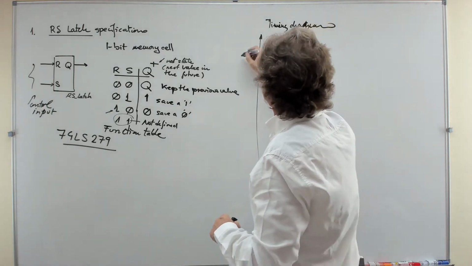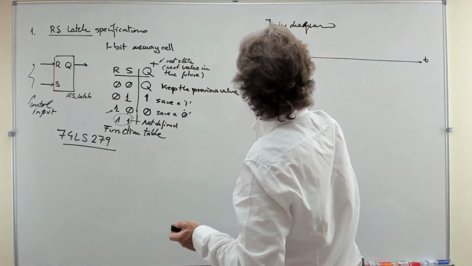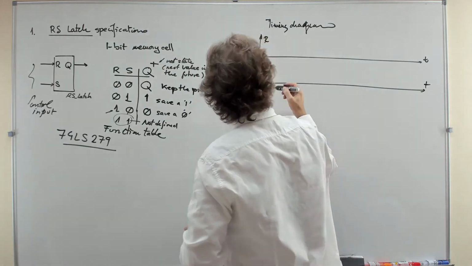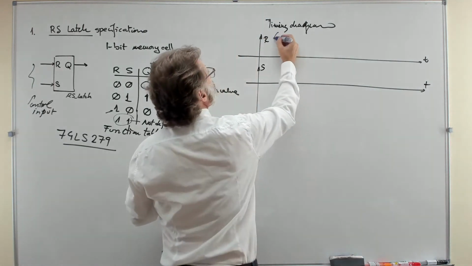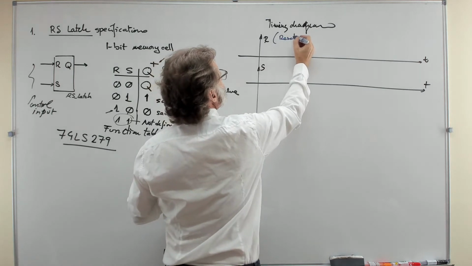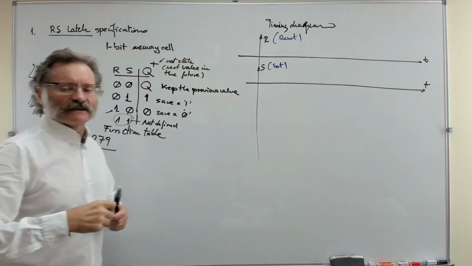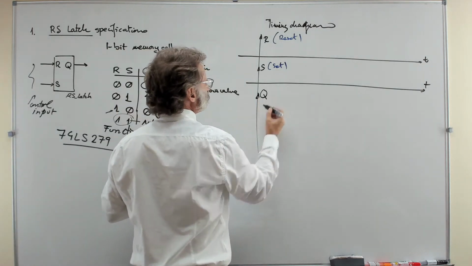So you will drive in time the input R and the input S. This is what we call reset, and this is what we call set. So this is what we will drive, and we will investigate the value of the Q in time.